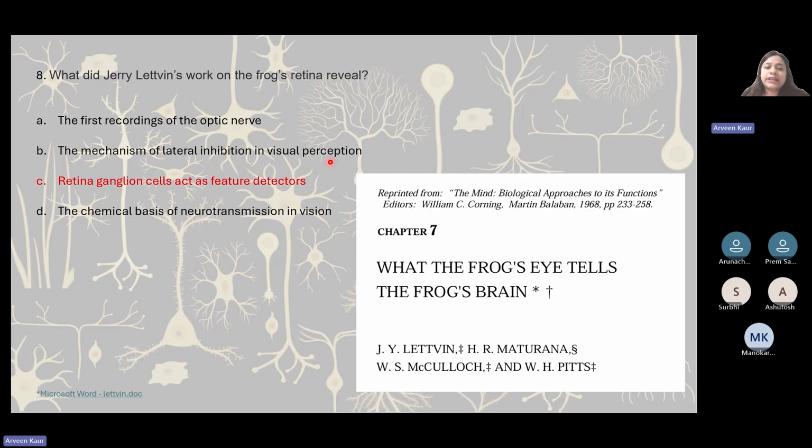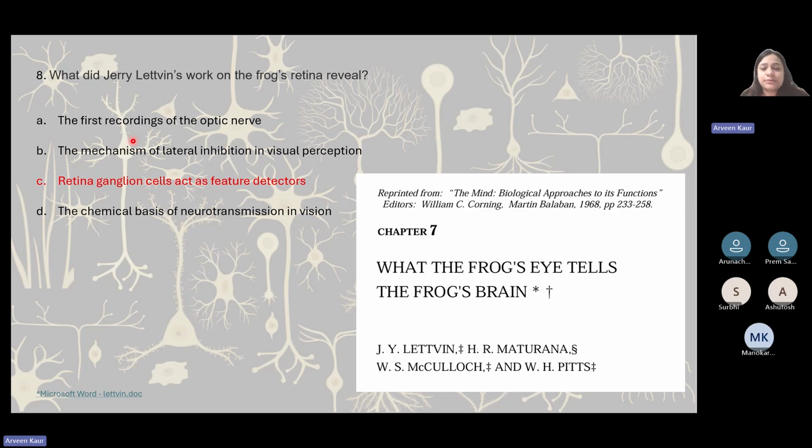If you remember, Jerry Lettvin was the one who had published an article titled "What the Frog's Eye Tells the Frog's Brain." Right, a very well written article. So the correct answer for this one is retinal ganglion cells act as feature detectors.